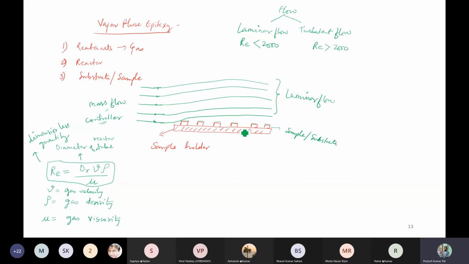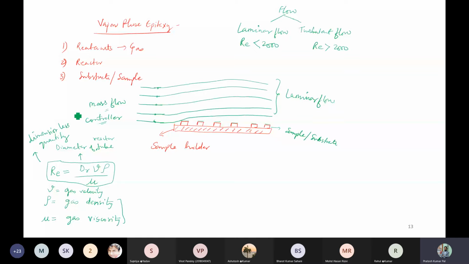Here d is the diameter of the tube on which this sample is placed, and v is the velocity, and rho and mu are parameters decided by the gas that we are using. These cannot be controlled by the user basically. Okay, it is a material constant.